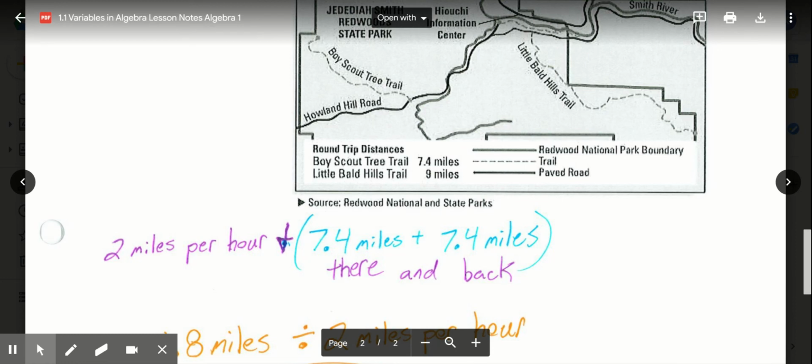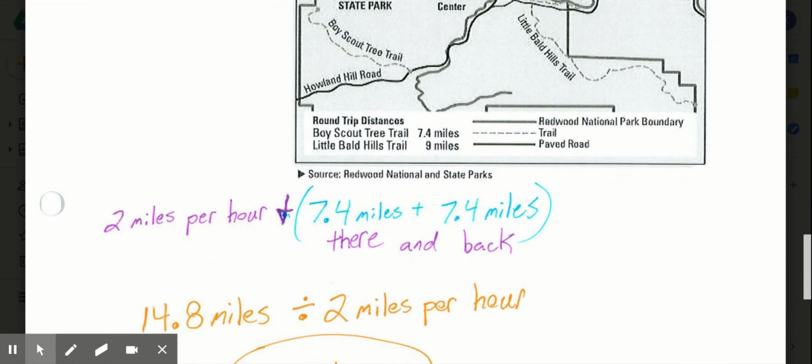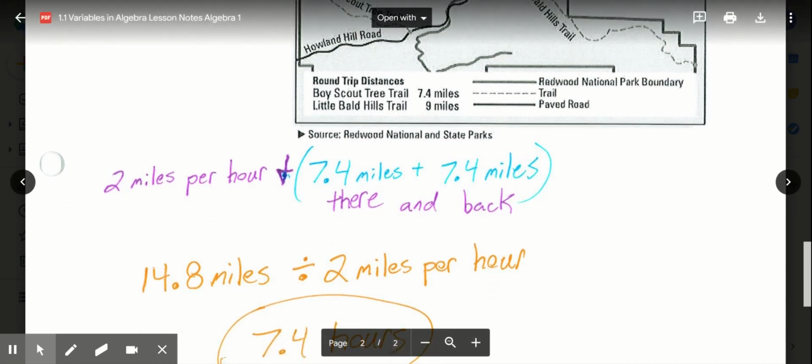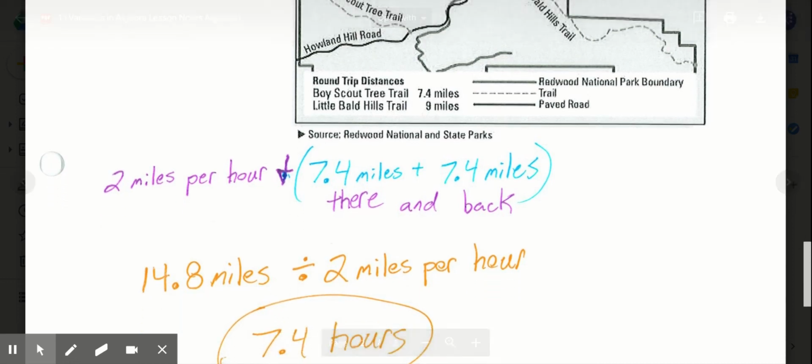And then we know we're also dealing with the rate of 2 miles per hour. So our total distance, 7.4 plus 7.4, is 14.8 miles.